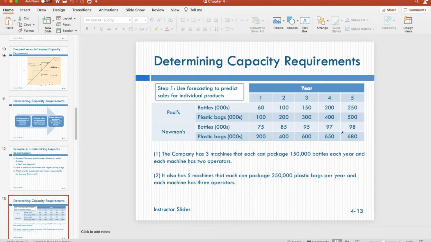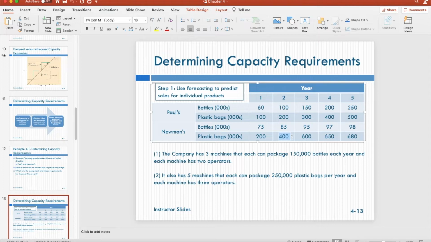Let me give you a quick example. For this number, it means that for the flavor called Paul's, we predict that the sales in bottles would be 150. For another example, this number means that for the flavor called Newman's, the selling amount in plastic bags is predicted at 400 bags.